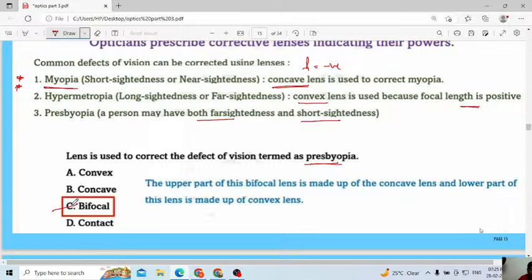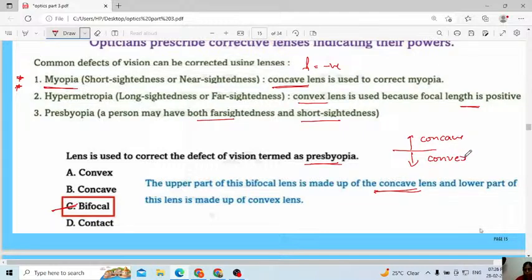Bifocal lens we will use. Here I give an explanation also. The upper part of this bifocal lens is made up of a concave lens, and the lower part of the lens is made up of a convex lens.